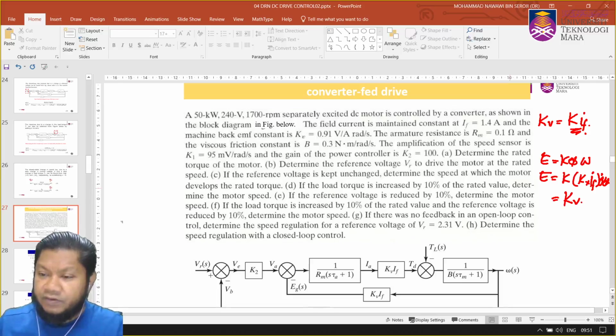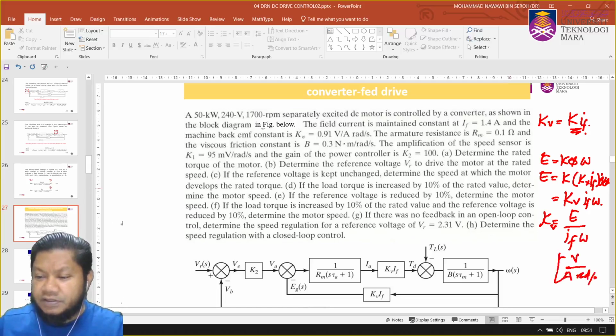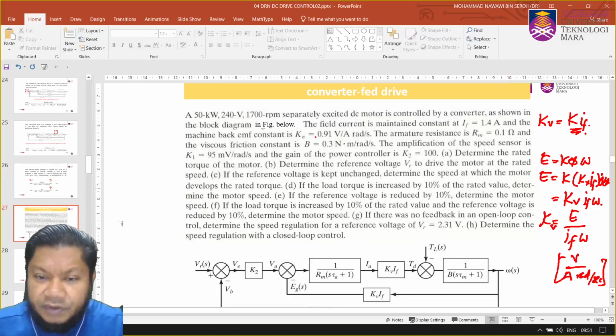So KV equals to IF omega. Therefore, KV equals to E divided by IF omega, and that's why the unit is volts divided by ampere radian per second. So that is 0.91.